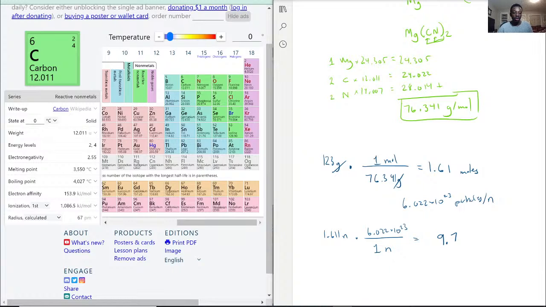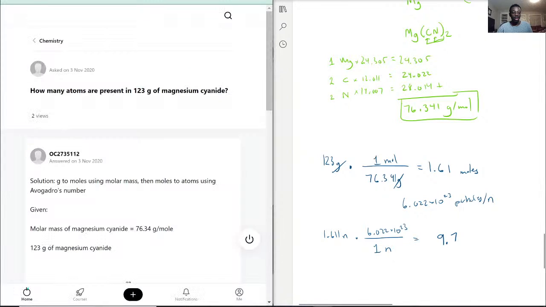Let me see if we need significant digits. How much did we start with? 123. So 9.70 particles of Mg(CN)2. Oh, sorry about that. I almost forgot. 9.70 times 10 to the 23. It's quite a huge amount. It's not just 9.7. Sorry about that.